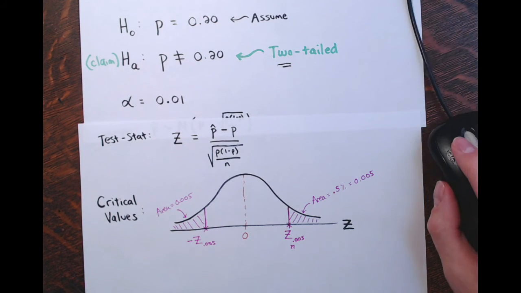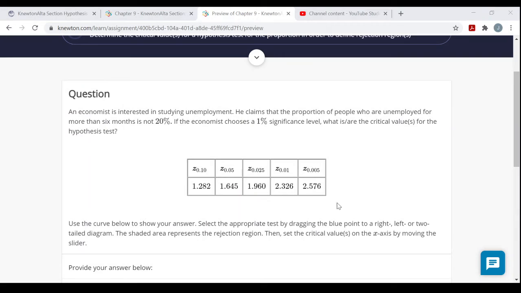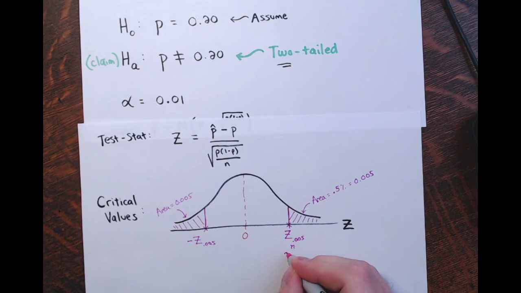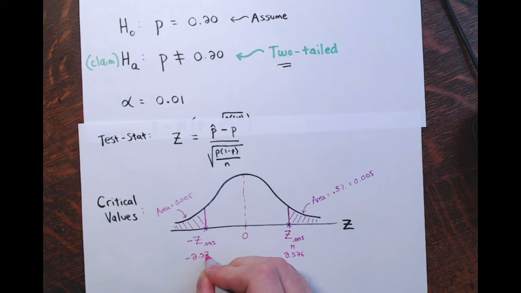So that table they gave us, back on the problem here, see that z with a subscript of 0.005, the z-score with 0.5% above it is 2.576. Okay, so this is positive 2.576. This over here then is negative 2.576.